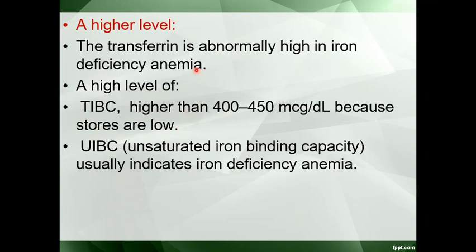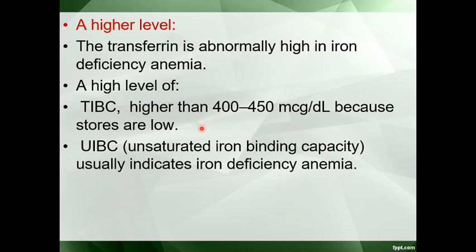The higher level of TIBC and of transferrin will be there because the iron is deficient and therefore transferrin is not able to carry the iron. Unsaturated binding capacity will also be high because iron is not able to bind transferrin.